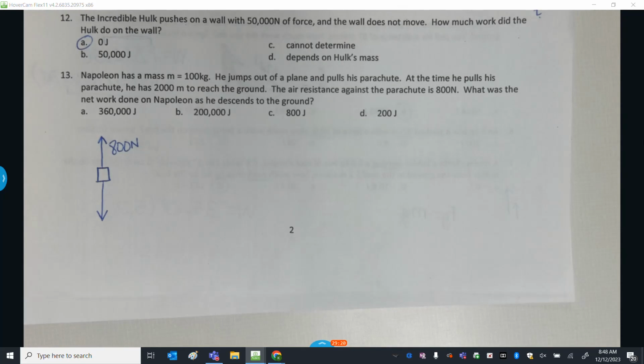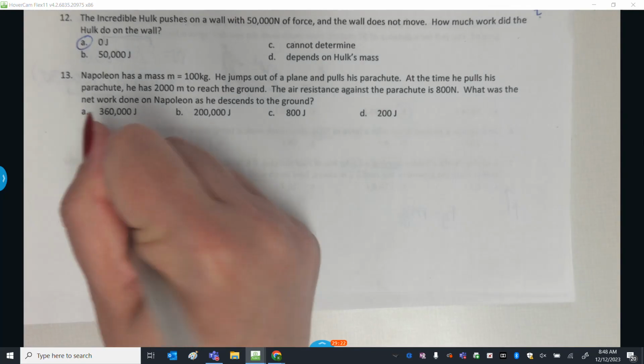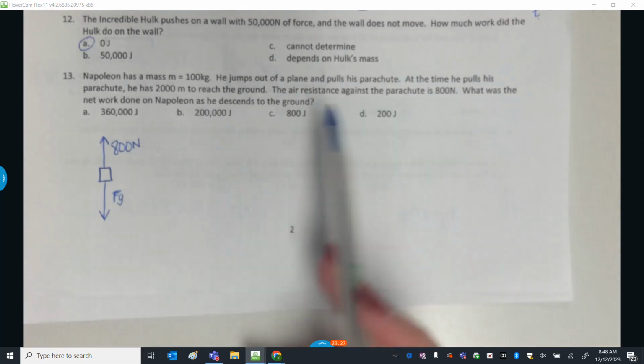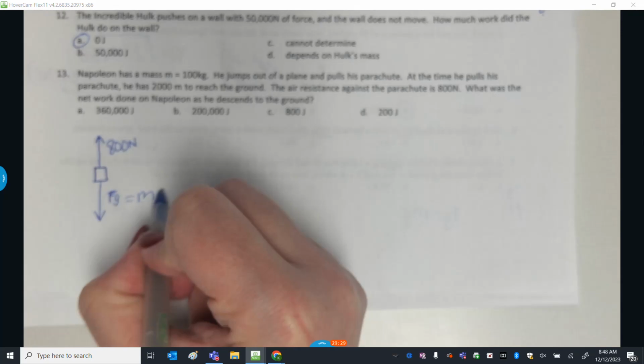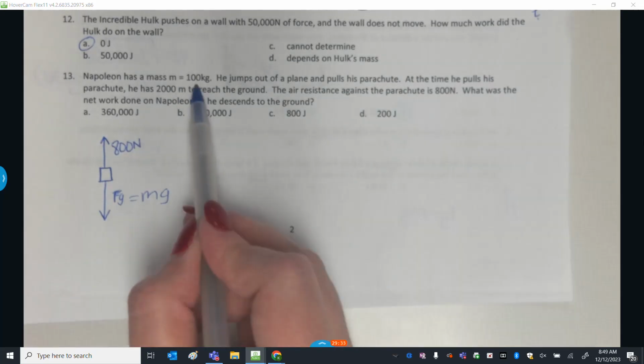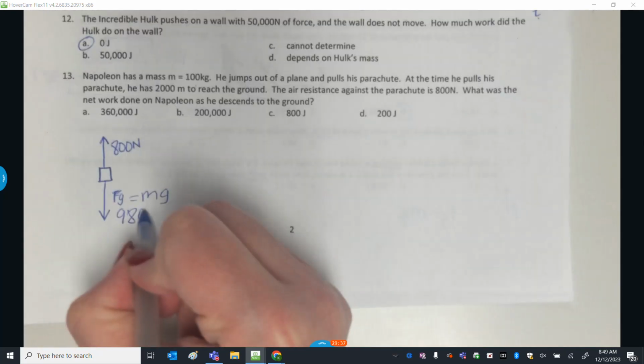So I need to also include Fg. And I can find Fg, even though they don't give it to me, because it's mass times gravity. His mass is 100 kilograms. I'm going to multiply that times 9.8, and I'm going to get 980 newtons.